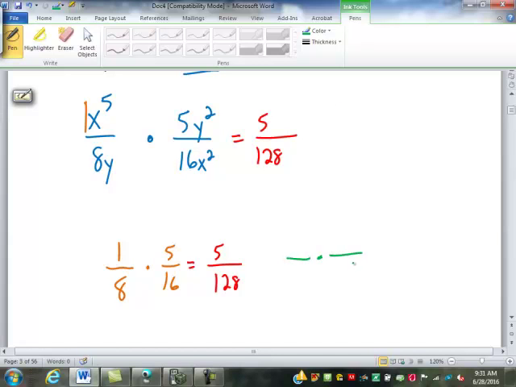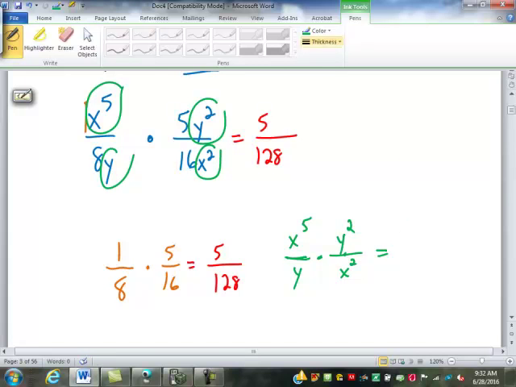What's going to come down here? Well, what are the variables in this first fraction? x to the 5th over y. How about my second fraction? y to the 2nd over x to the 2nd.